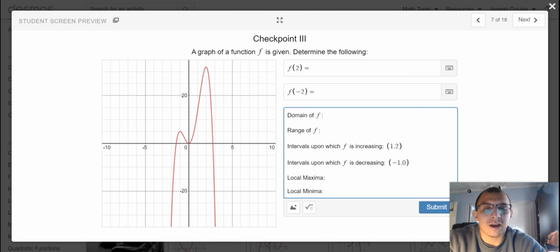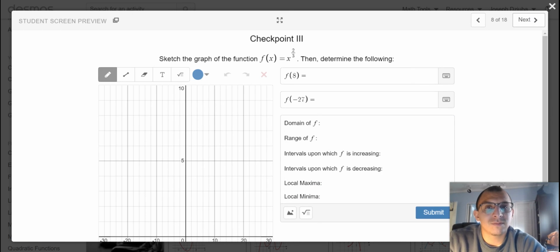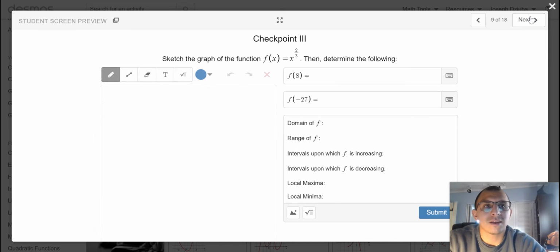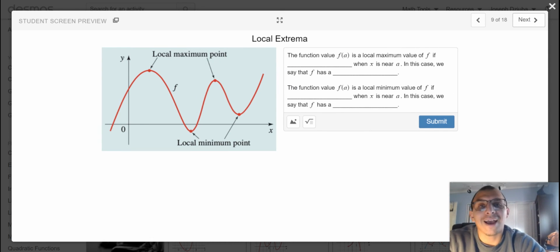And then identifying any local maxima and local minima. If these words sound foreign, then you're going to have to return to this slide, to both those slides, after you get your definitions from here.